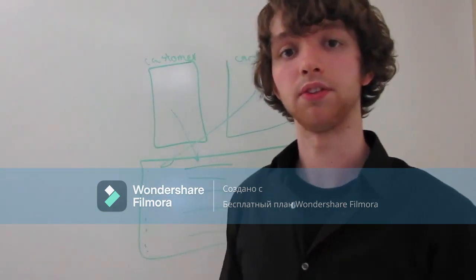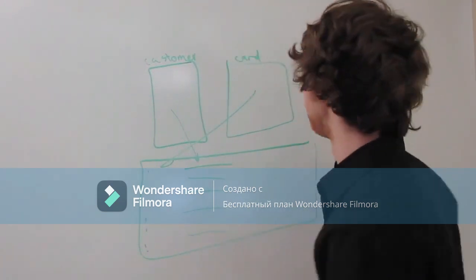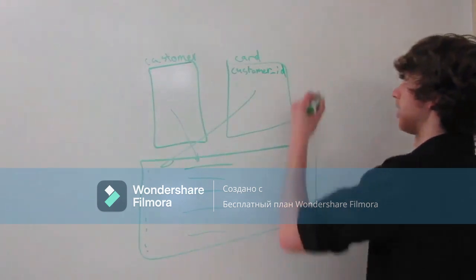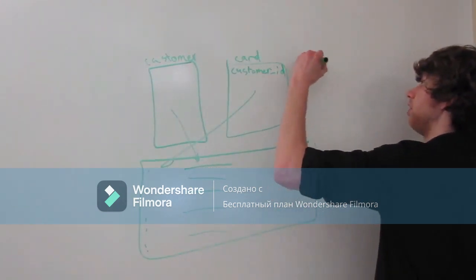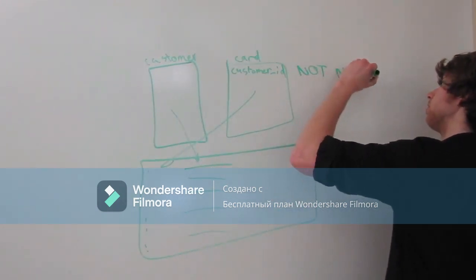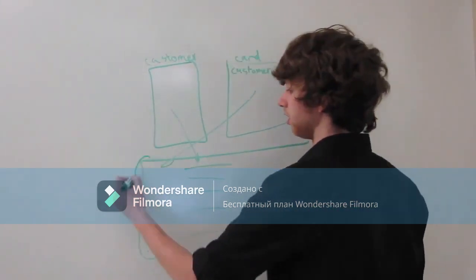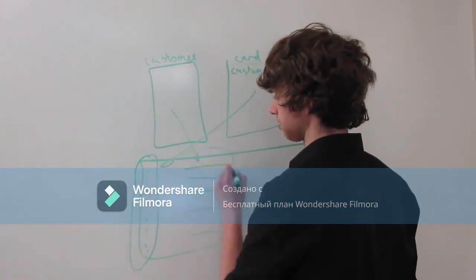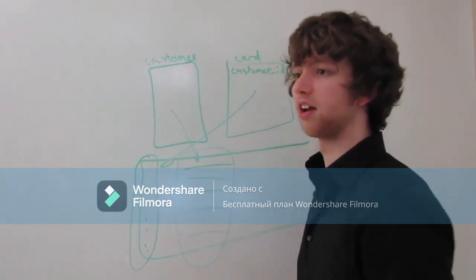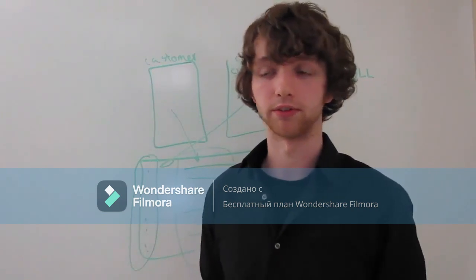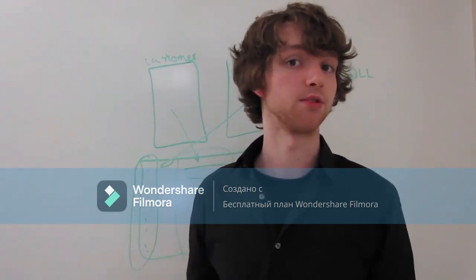Now, there's something to consider with this. If we set it to where within the card table we have customer ID, and we give that a column characteristic of not null, that might confuse you a little bit, because then every single card here is going to have an associated customer. That's the whole point of the right outer join, or the left outer join for that sake, is to include the rows that don't have that association.